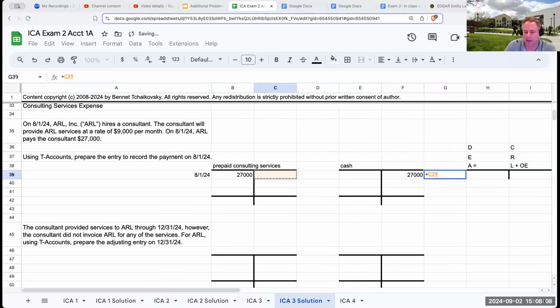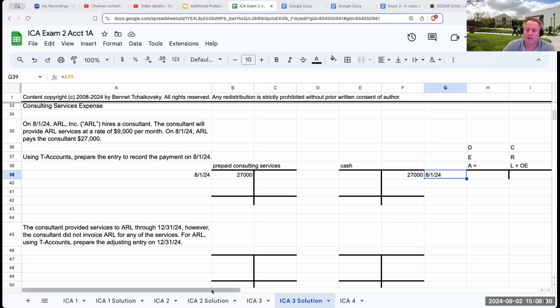Why is it prepaid? Because I have not yet received the benefit of it as of when I pay that cash. If I pay the cash, it's going to create either a prepaid, or, if I'm receiving the cash, an unearned revenue if I'm performing future services. In this case, I'm going to be receiving them. So that's my first part of the entry.